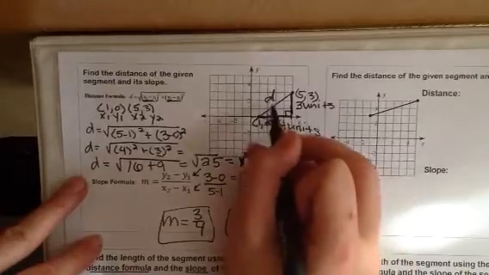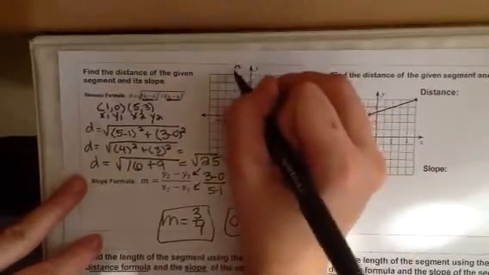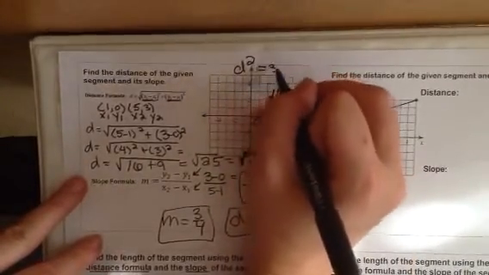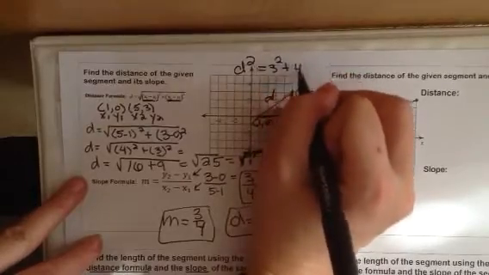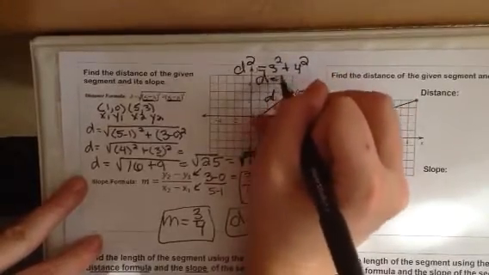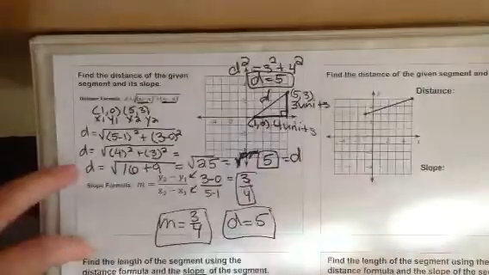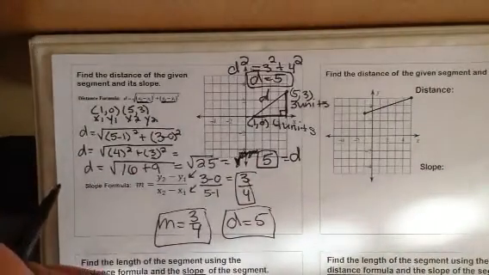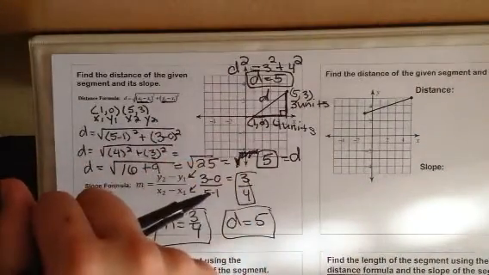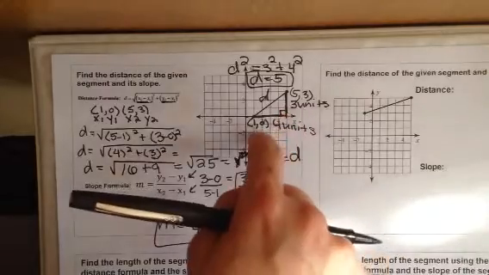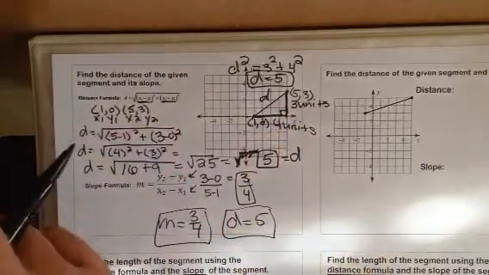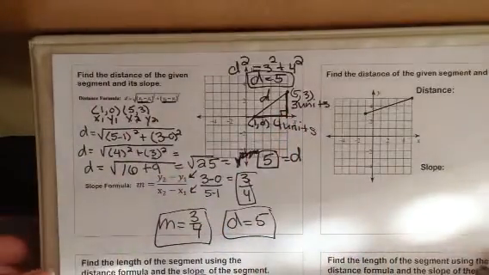And you're trying to find the hypotenuse, d. So you really could have said d squared equals 3 squared plus 4 squared. And in the end, you would get 5 when you solve the Pythagorean theorem. But that is just in case you're given a picture. Sometimes you're not given it on a grid, so you have to use the distance formula.